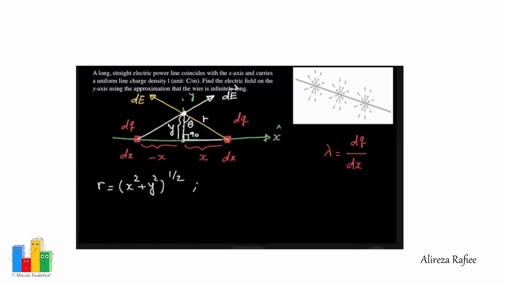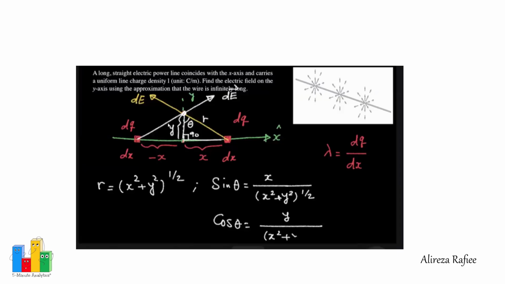I can also know that the sine of theta is this x, the side opposite to the angle theta, divided by r, which is (x² + y²)^(1/2). And then I will also have cosine of theta, which is the side adjacent to the angle theta, y, divided by r, the hypotenuse, which is (x² + y²)^(1/2).